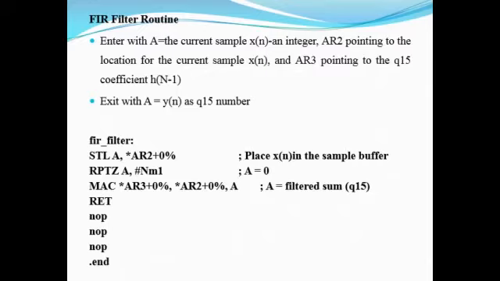With the MAC instruction, the content of AR2, which is a sample, is multiplied with the content of AR3, which is a coefficient, and the sum is stored in A, which is a filtered sum. This is the subroutine we write for a FIR filter.